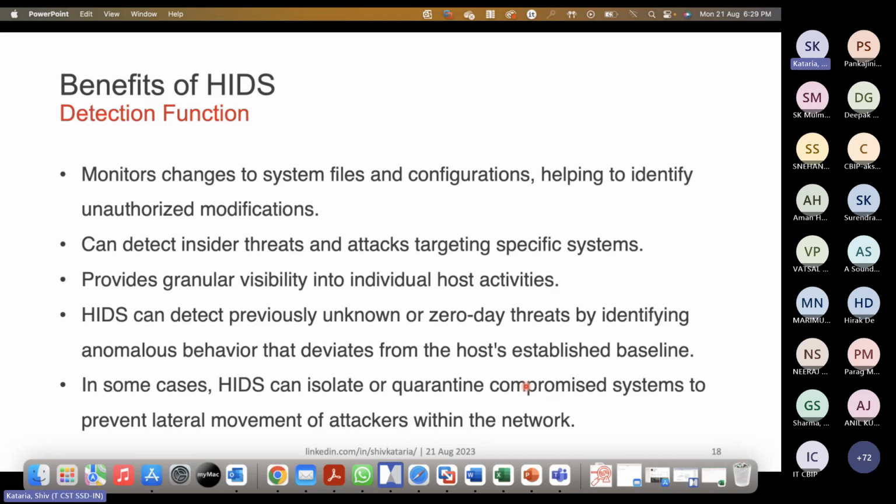In some cases, an IDS can also take action, such as quarantining the system or preventing lateral movement of an attack, but these are a special kind of IDS. Generally, they are non-intrusive. They just detect the attack and stop at that place.